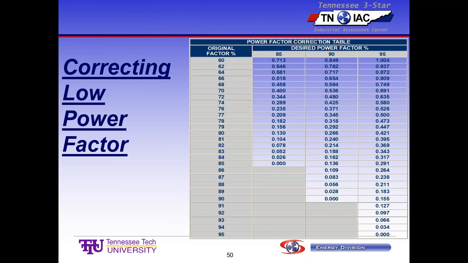You know, desired power factor, original power factor, and you take that fraction times the kW, I believe, and it'll tell you how much kVAR. Let's see if that works. We were about 70% before, right? And let's say we wanted to go to 95.